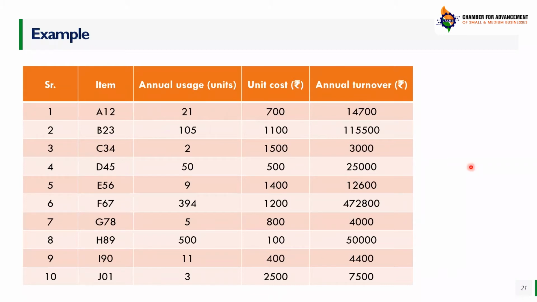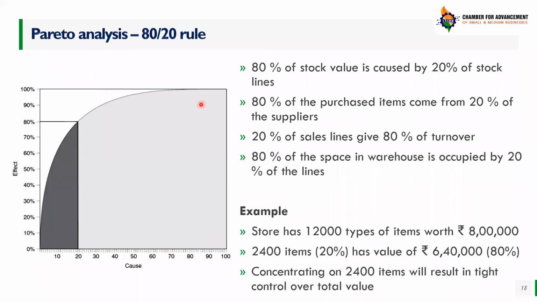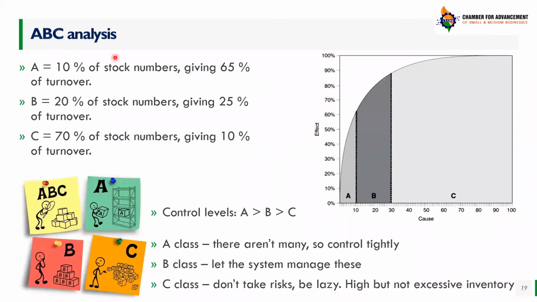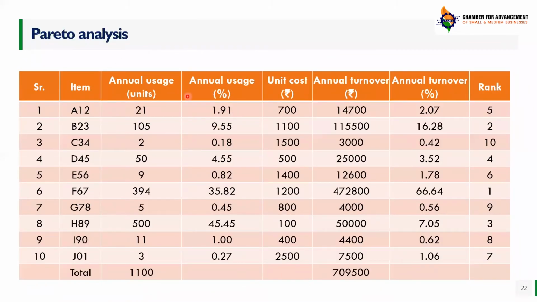So let's try to analyze this with the two analysis methods we just saw. The first one was Pareto analysis, that is the 80-20 rule, and the second one was ABC analysis. What I did here is, for annual usage, I made a total and calculated the percent of annual usage for each item. Here, 35% of usage is for this sixth item.